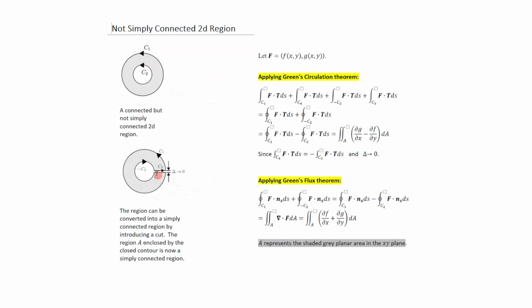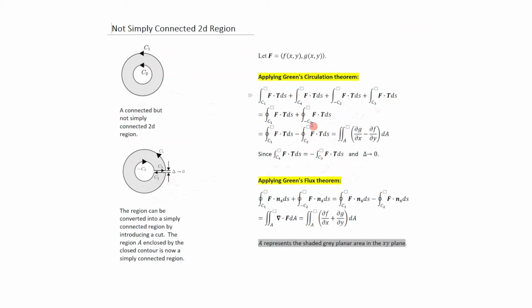If you look at these two, one going this way and one going this way, they're going in opposite directions, but each makes a contribution to the closed contour integral. The terms for C4 and C3, when added together, have opposite signs, so when summed, they give you 0 contribution, and as a result, you end up with C1 minus C2.